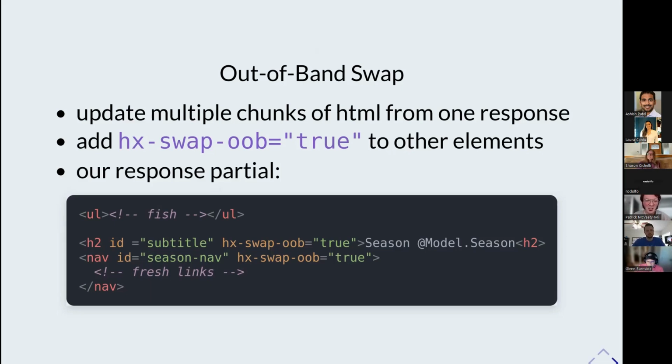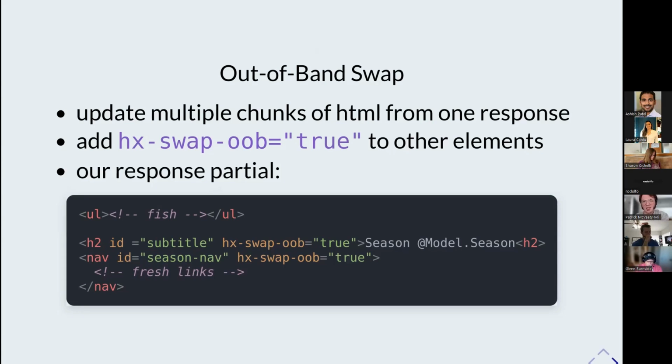So here, if we're imagining this is our response from fish season, we've got our list of fish. Great. That's going to swap in where we told it to go, on the ID of fish list. Then we've got these other pieces of HTML. We've got our secondary header that we've told it to swap out of band, and we're going to just plug in what the actual season is.